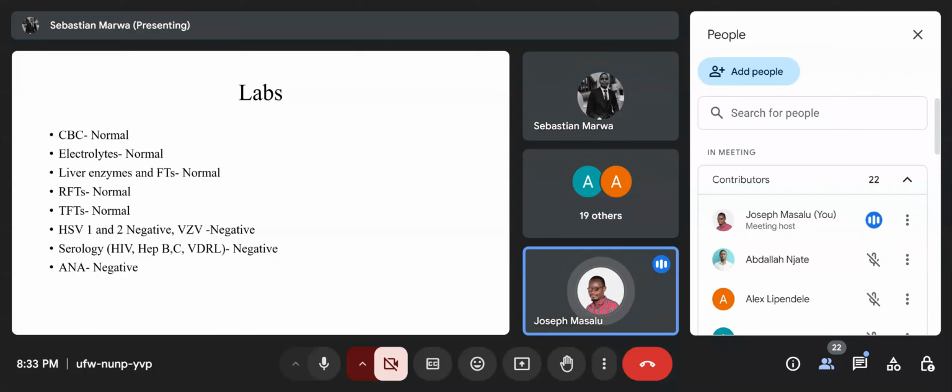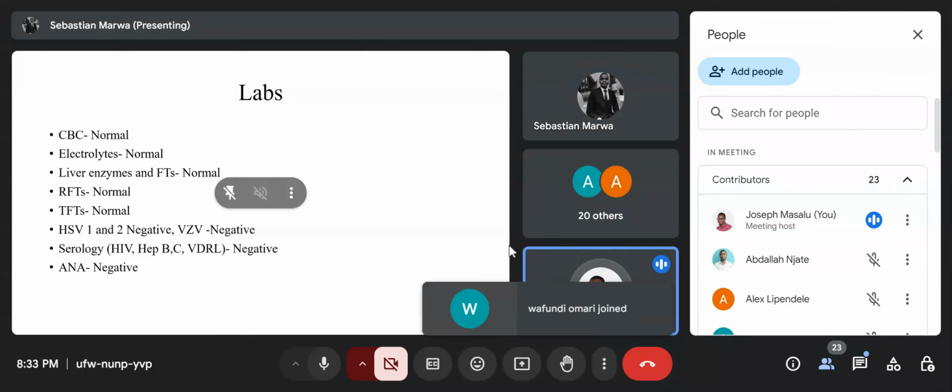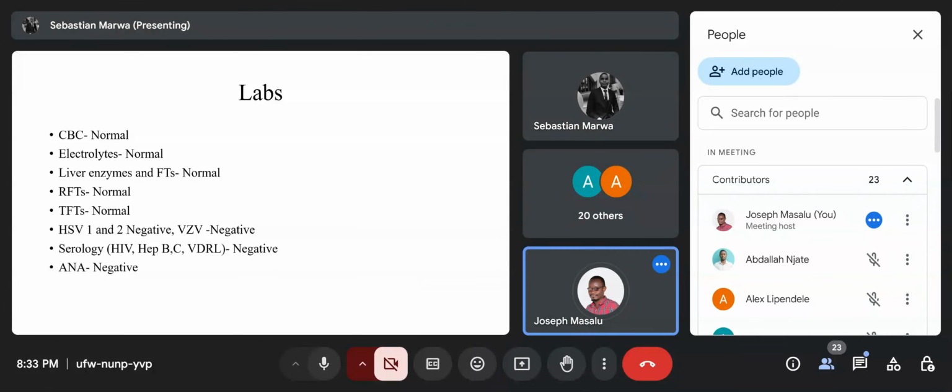Yeah, so these labs are also remarkable because they rule out some things that we already talked about. For example, VDRL being negative rules out an active syphilis in this patient.